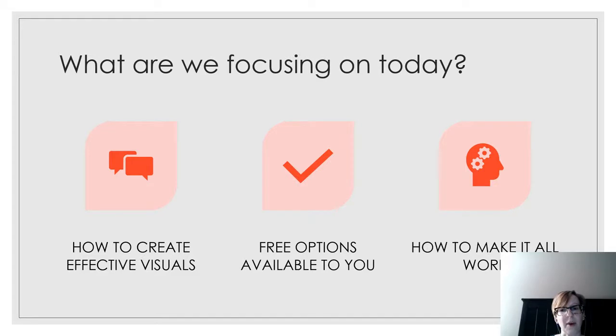We're also going to talk about some free options that are available to you to create a variety of images for your club, district, or Optimus International in general. And then once we've looked at the basics of design and the free resources out there, we're going to talk about how to make it all work together.